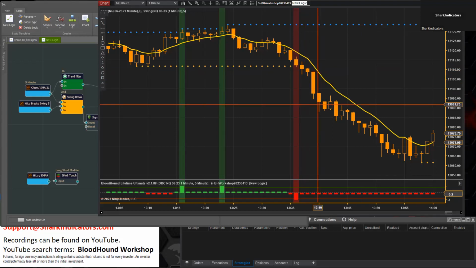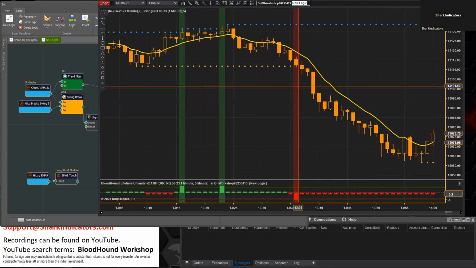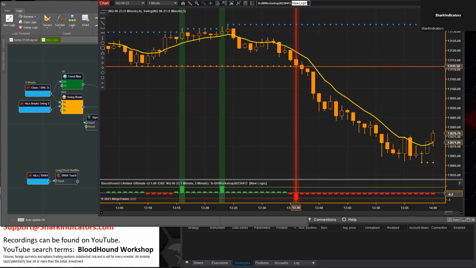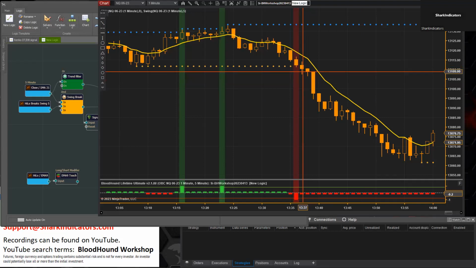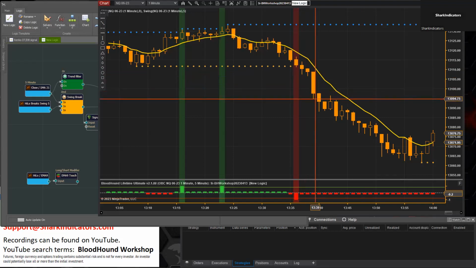So just a little tip there: when you have a prerequisite occurring, such as the swing break, and you make an allowance for price to keep doing something that you don't really want it to do before you're looking for the next requirement, right?